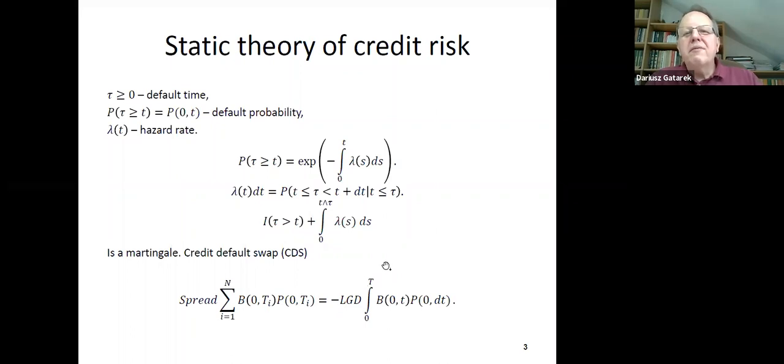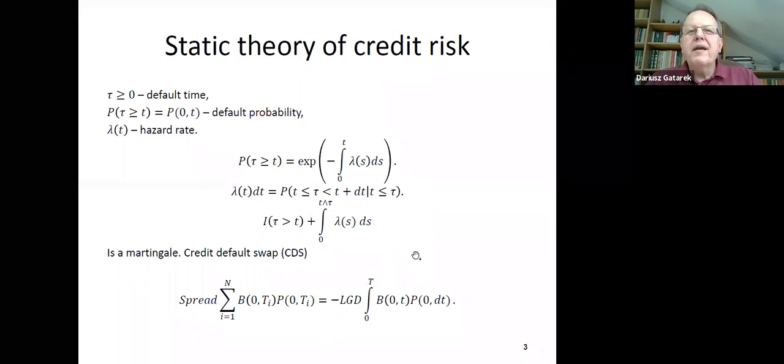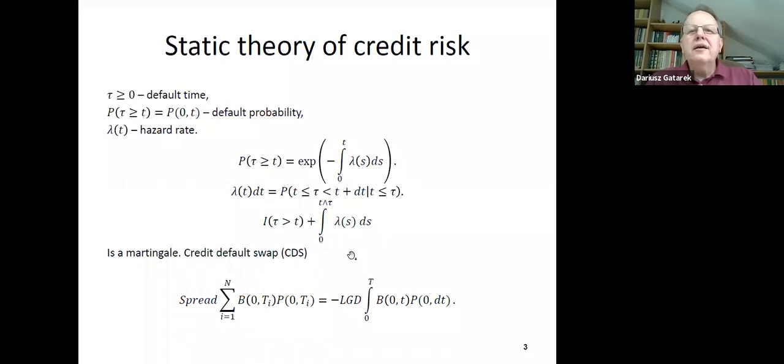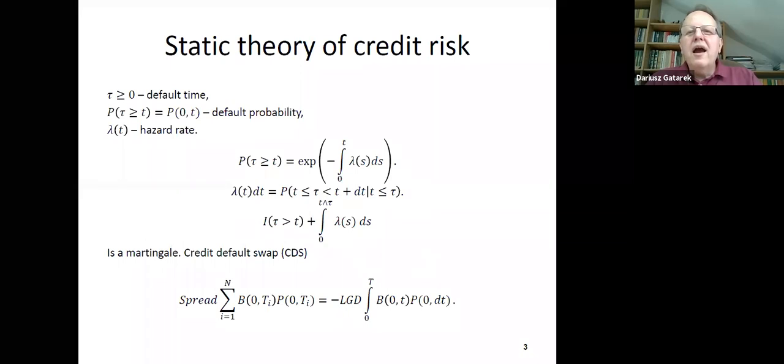An insurance contract for your car looks identical. Of course, credit default swaps may be traded. There is a market. They are much less liquid than interest rate swaps. Any idea from the audience why?